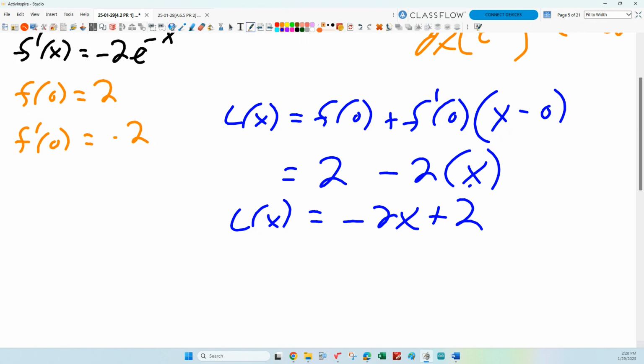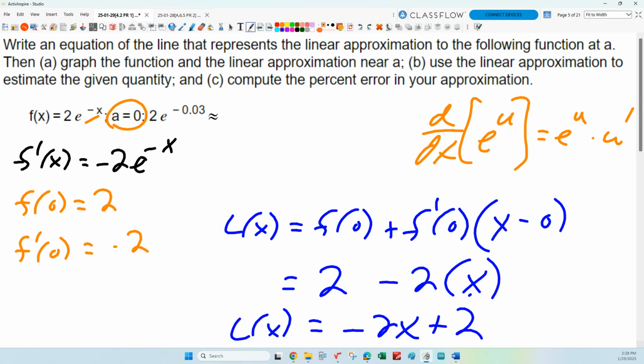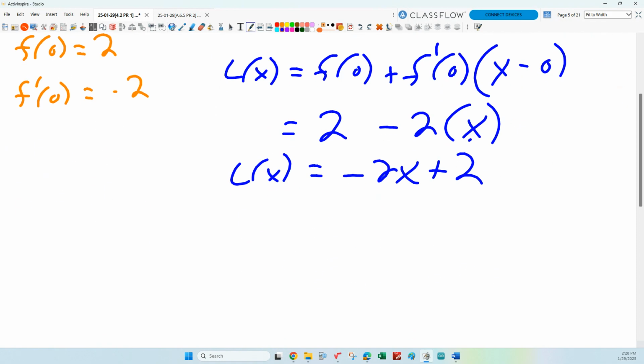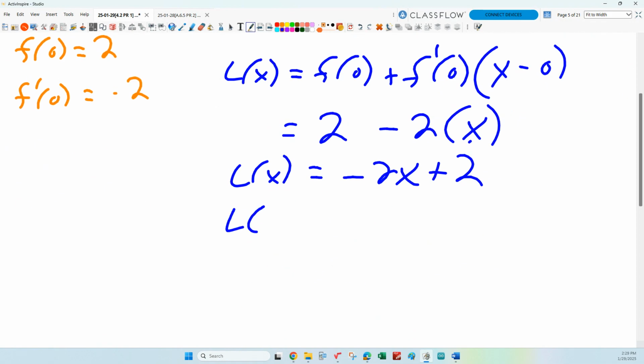Okay. Well, that's a pretty easy one to evaluate at negative 0.03. What's negative 2 times negative 0.03?